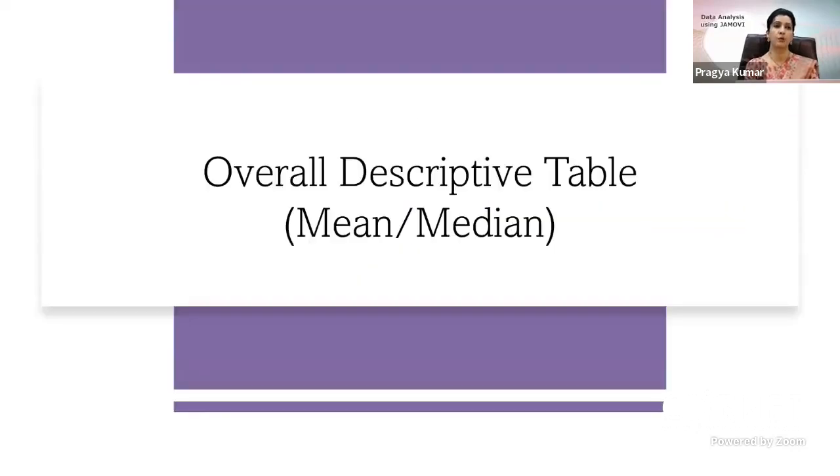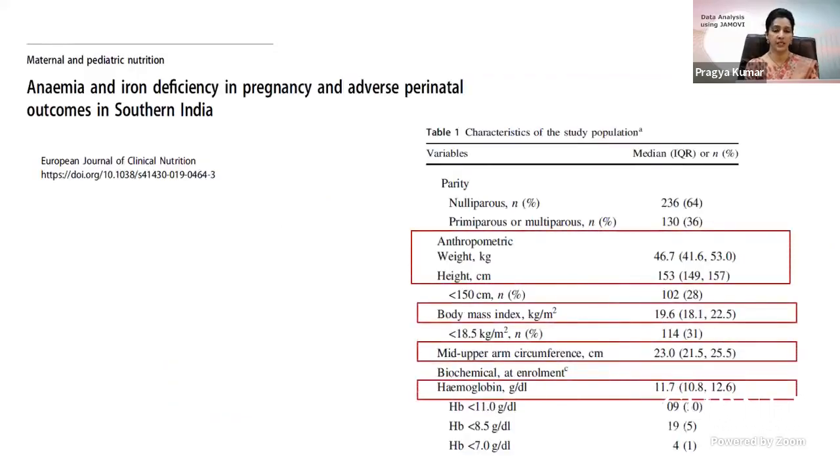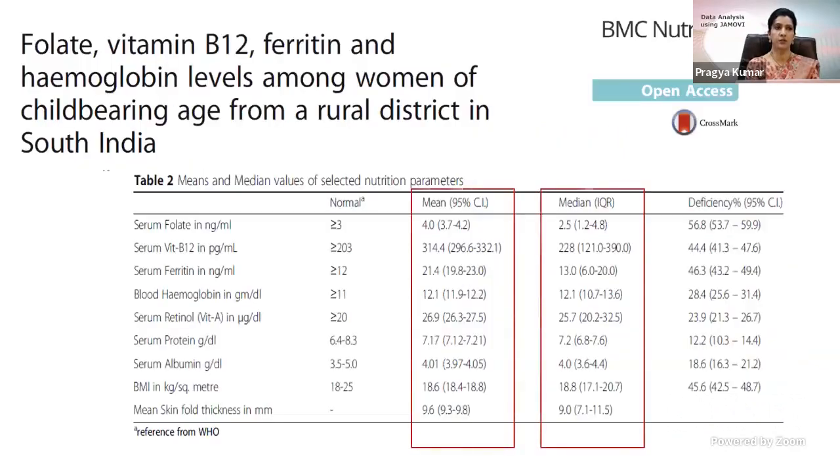So now, how to do an overall descriptive table, that is the median and mean. In this case, you can see that this is one way of representing the mean and median. Here, for the anthropometry, the BMI, and mid upper arm circumference, the median and IQR is given. And in this case also, this is one article in BMC Nutrition.